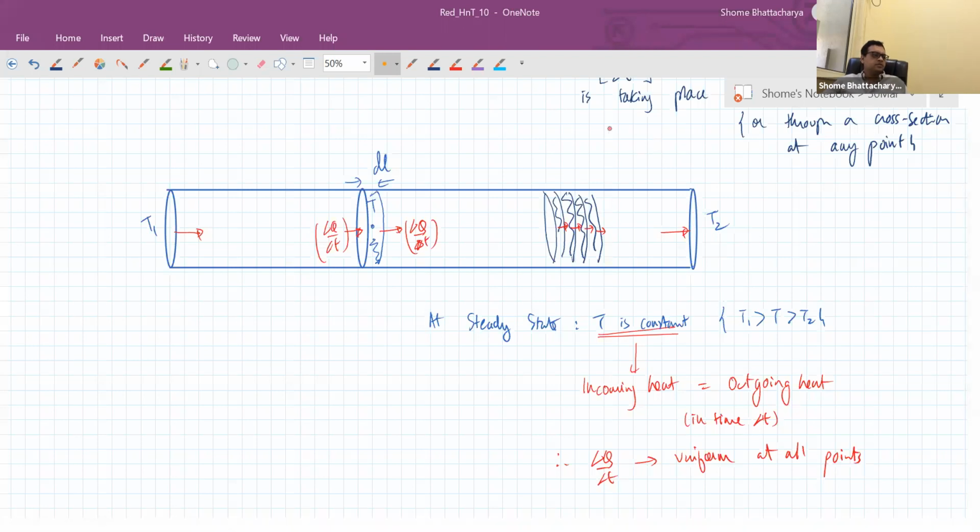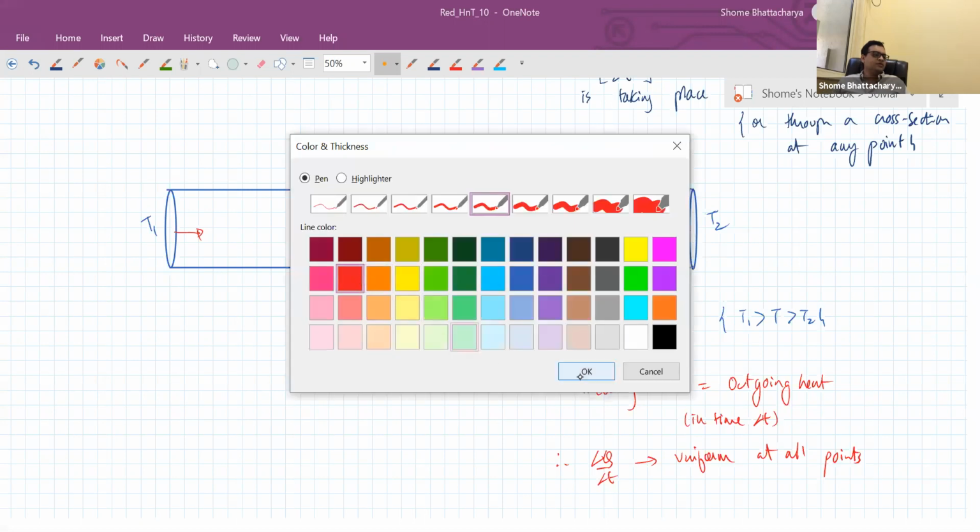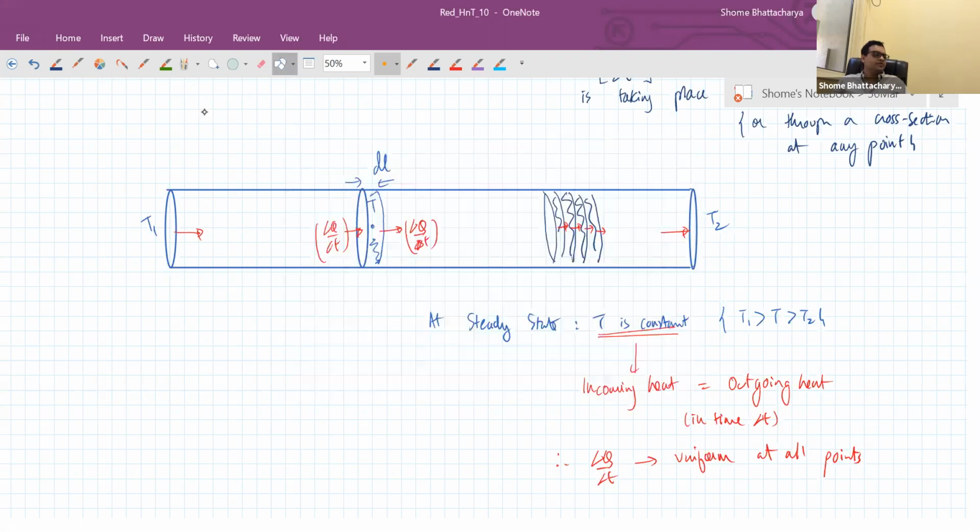Yes, of course. Because here we are assuming that heat is flowing, that's correct, Aman, only along the length of the conductor. Heat is not escaping from its surfaces. So we have set that up by insulating the outside. That is very important over here. And also the material of the conductor is isotropic.